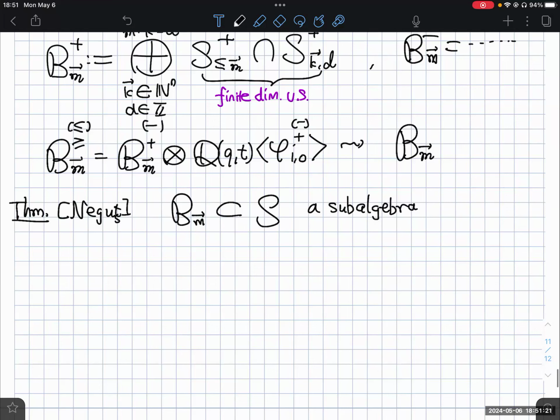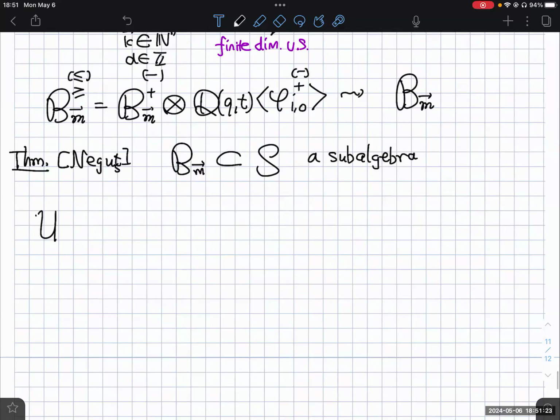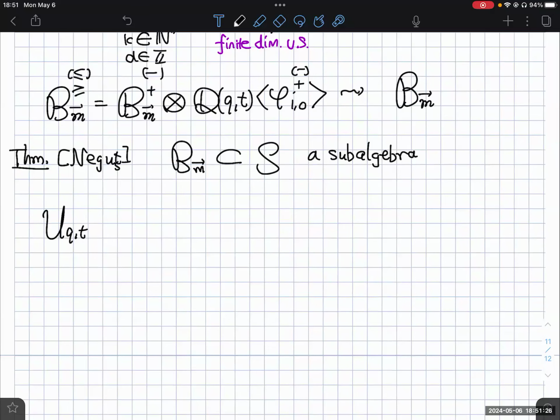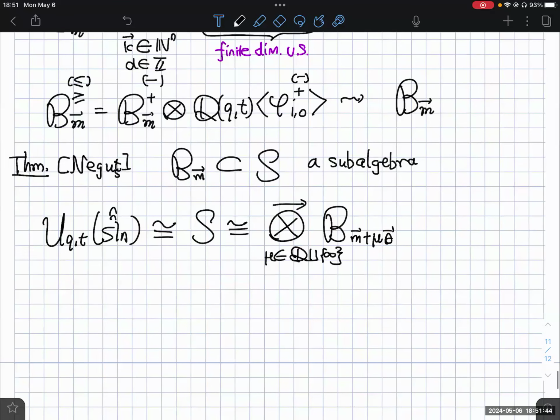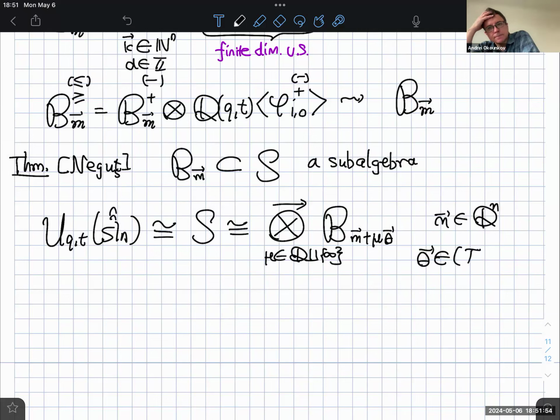And another thing is that we could decompose the whole quantum toroidal algebra, which is isomorphic to S, into the ordered product of these slope subalgebras. And here, this m is arbitrary, and theta is some totally positive vector.